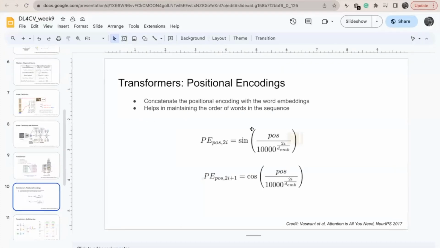So to overcome all these challenges, they came up with this way of designing the positional encoding. The first term is the position of the text. So if it is the third text, the fourth text, it will be 1, 2, 3, 4, 5, 6, and so on.